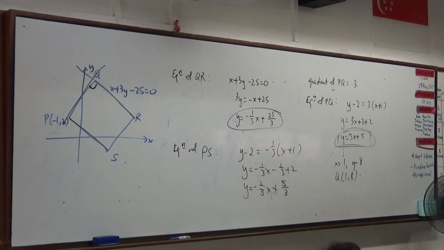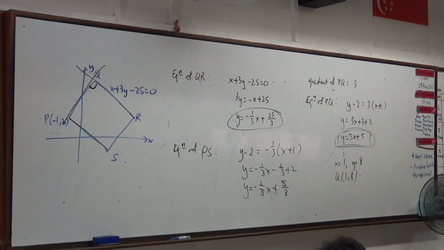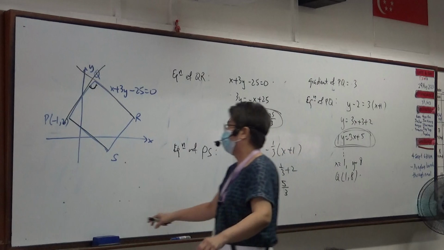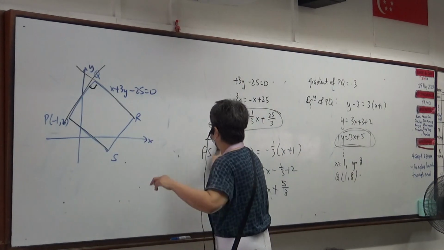Okay, now part 4, last one. Given that the area of PQRS is 80 units squared, find the coordinates of R and S. How?